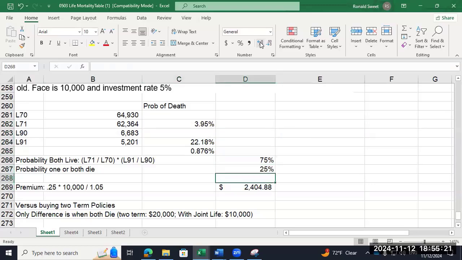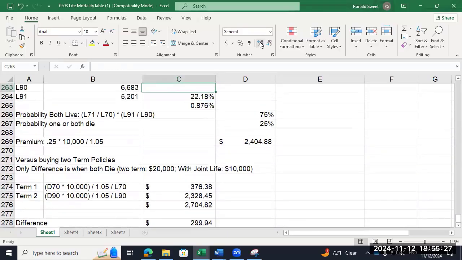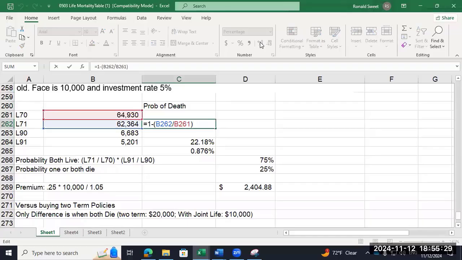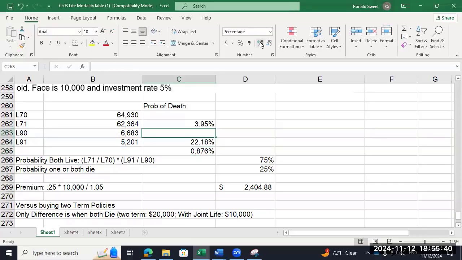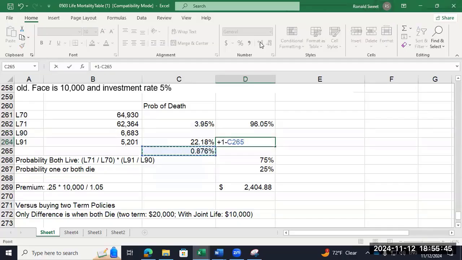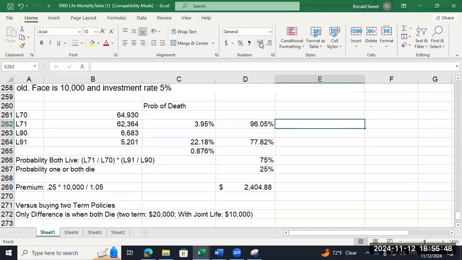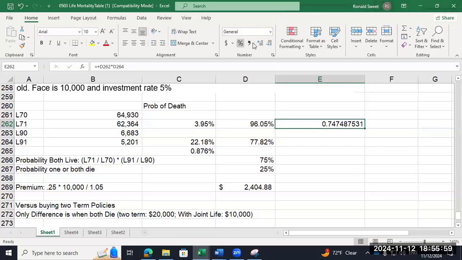The key here is there's a 25% chance one or both die. The probability they both die is much, much lower. I think I got that right. 1 minus L71 over L70, that is the probability he dies. That is the probability she dies. Probability he lives is 1 minus that. Probability they both live should be our 75%, so we got that already.